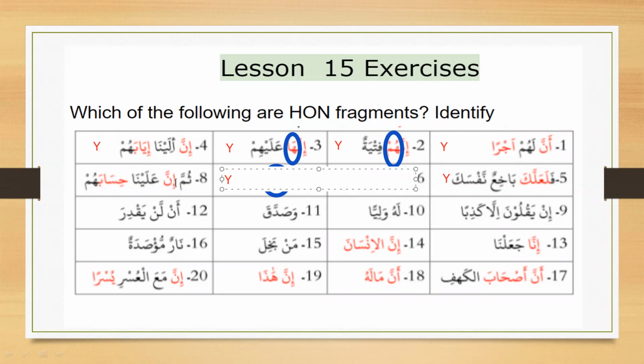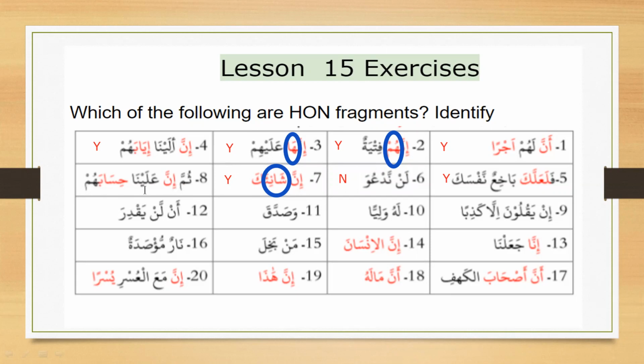Hold on, please. Yes. Okay. Now the 8th one. Summa inna alayna hisabahum. Summa is a type of harf which we haven't studied yet, but can you see any harf of nasb in this sentence?